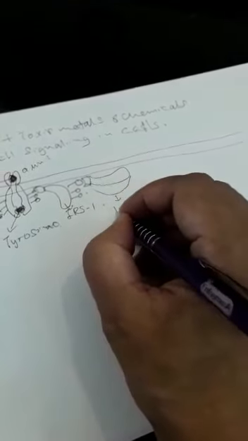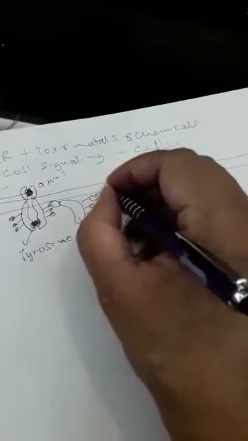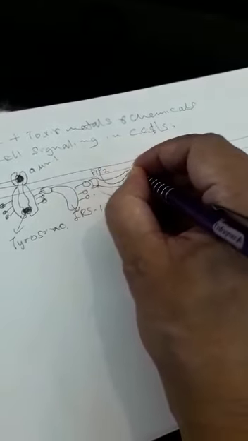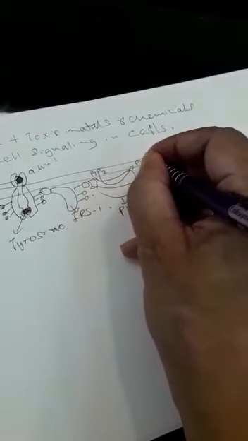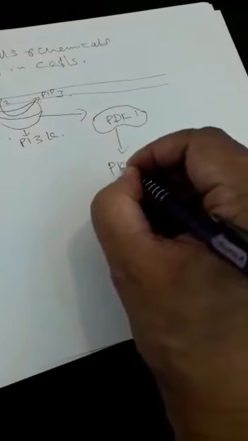This is PI3K, and then what happens is you have a PIP2 that phosphorylates to PIP3, and then the next signaling pathway will be PDK1. Okay, and then the next pathway will be PKB.